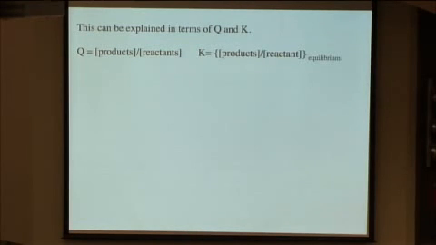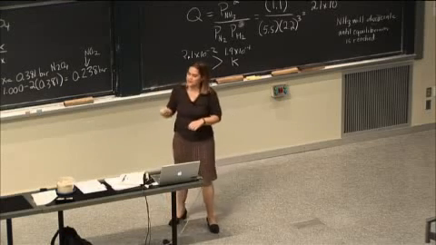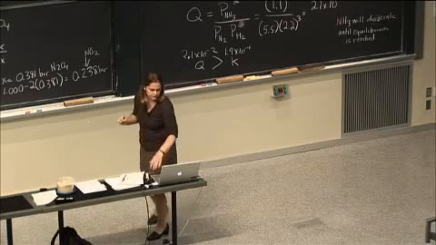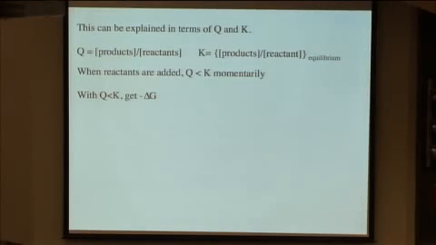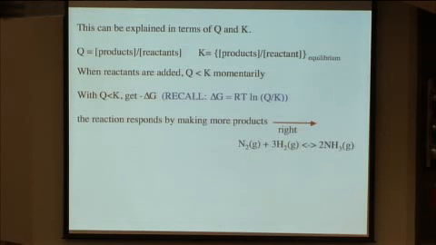And this can be explained in terms of Q and K. So you can think about, again, do you have more products now, or did you have more products at equilibrium? And if you are adding more reactants, momentarily, Q will become less than K. And so you would get a negative delta G, which would make it spontaneous in the forward direction.